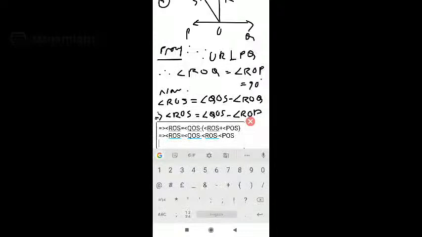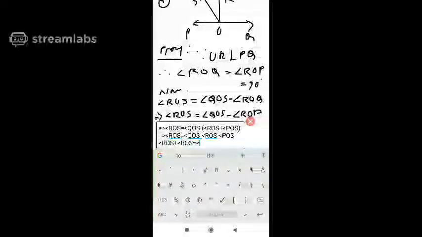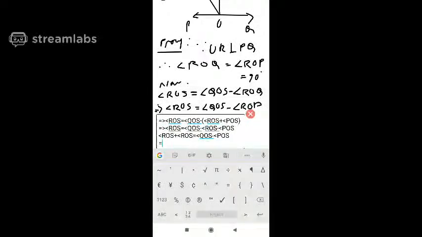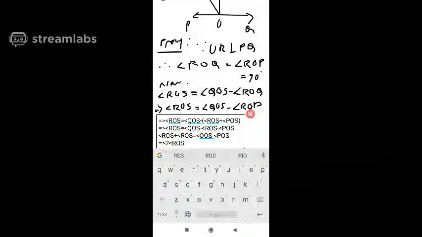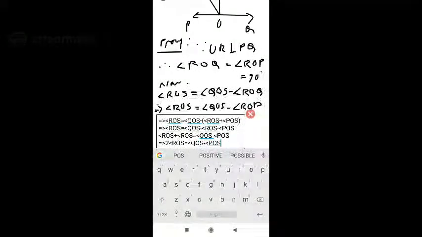It means ROS plus ROS will be here: 2 angle ROS equals angle QOS minus angle POS. Transferring the 2 to the other side, it will be half.